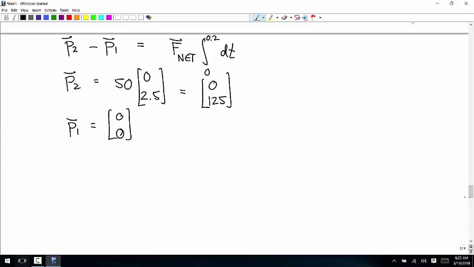And so we get that (0, 125) minus (0, 0) is equal to F net times 0.2.